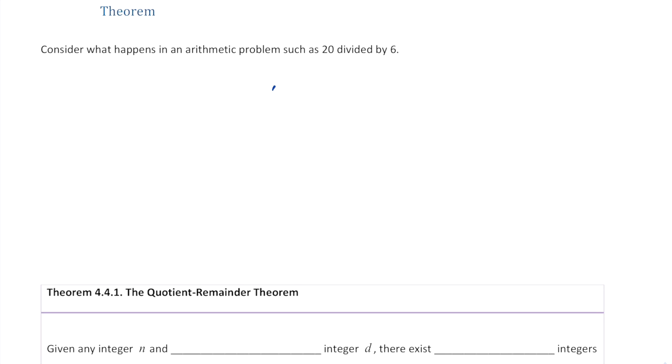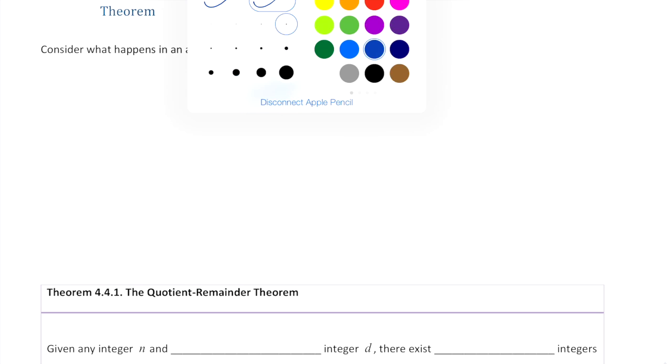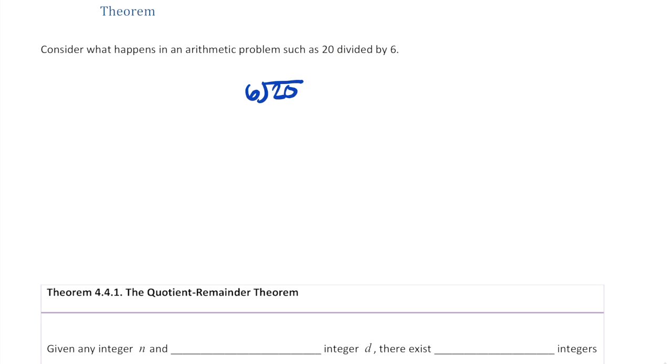Think about what you've done in the past using long division many moons ago. If you have 20 divided by 6, what you're really doing, remember, is counting how many groups of 6 are in 20. So there are 3 groups of 6 in 20.